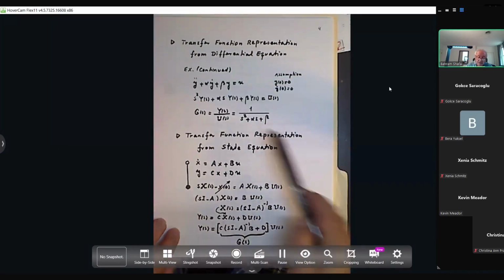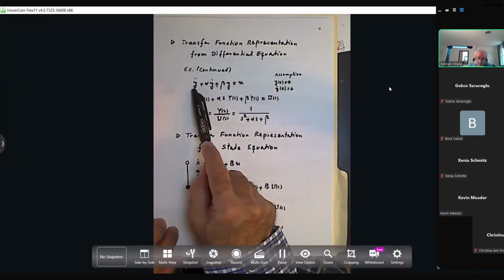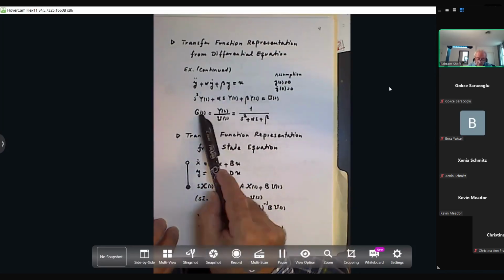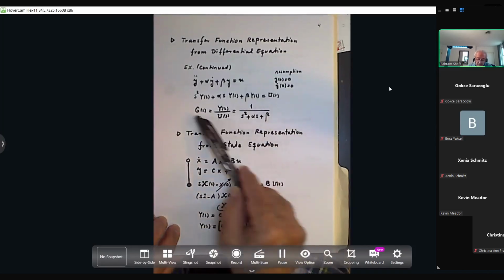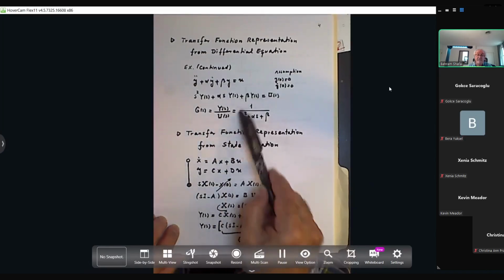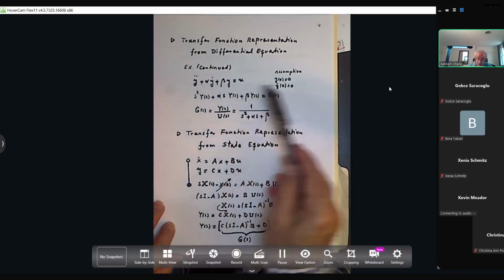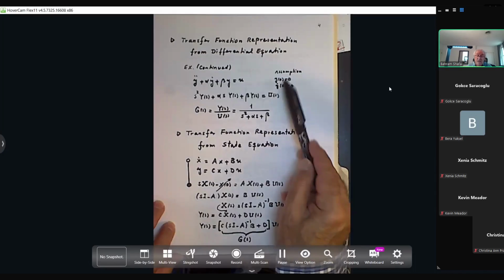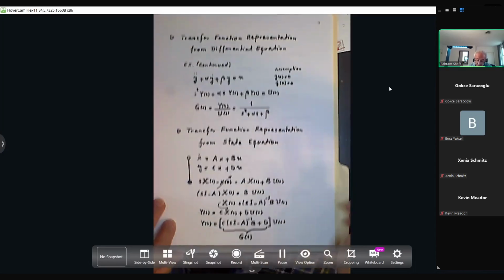For example, if you have a differential equation, the same equation that I showed you before, you take it into the Laplace domain and then find the input-output representation in terms of the transfer function, as you can see here. For transfer function calculation from a differential equation, you usually assume that the initial conditions are equal to 0 in order to develop the transfer function.